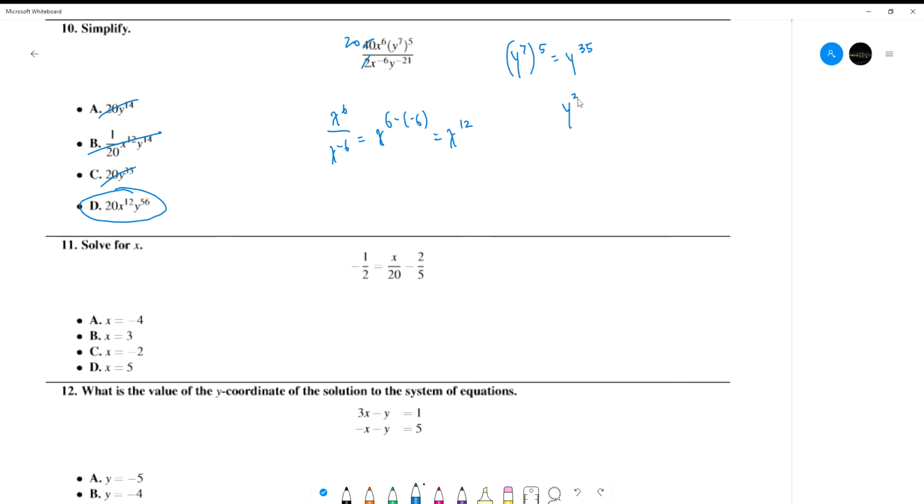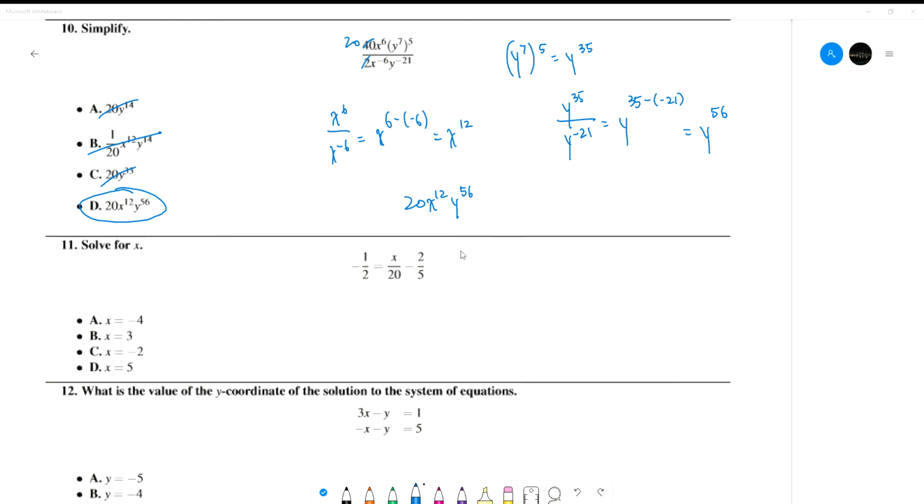Then we have y to the 35th over y to the negative 21, which is y to the 35 minus negative 21. So that becomes y to the 35 plus 21, which is 56. So what's our final answer? 20x to the 12th y to the 56th power. Not bad, huh?